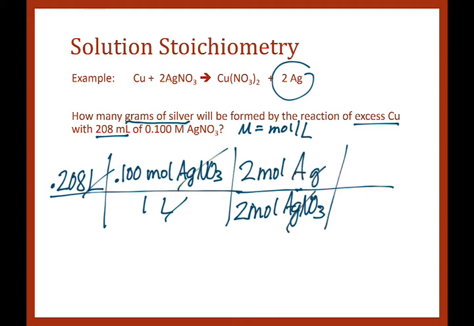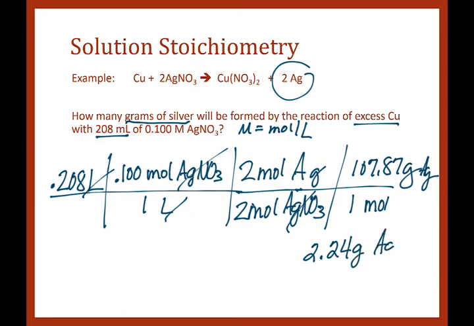And now I've canceled out my moles of AgNO3. I'm in moles of silver. It wanted to know how many grams. So 1 mole is 107.87 grams of silver. So I just throw that in my trusty calculator and I get 2.24 grams of silver. Okay.